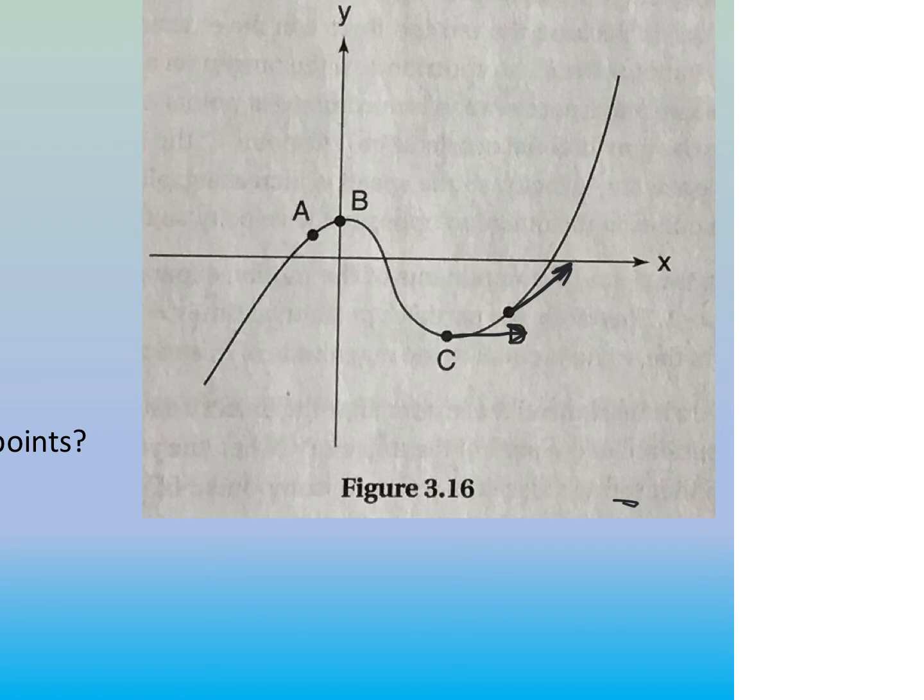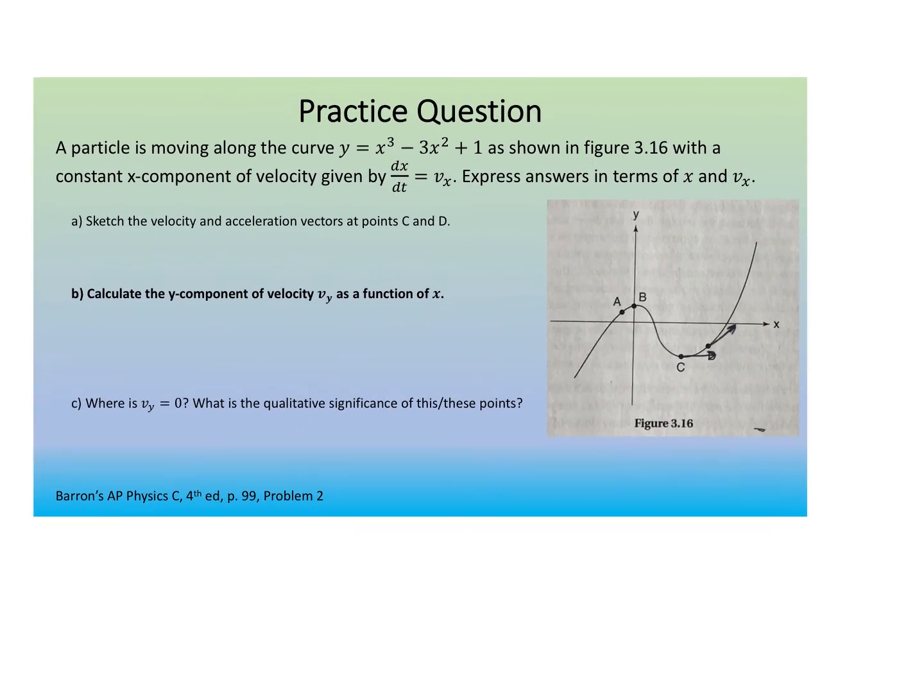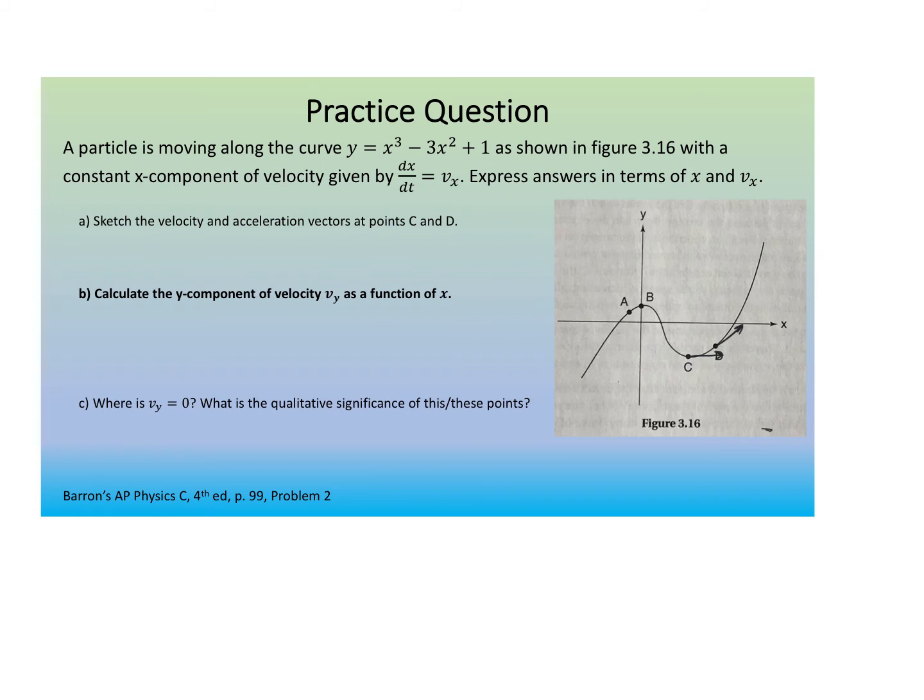The acceleration is a little bit tricky because we need to very carefully read the problem. It says that there's a constant x component of the velocity. So the particle's literally moving along this curve. That is the path the particle is taking. Its velocity left and right is the same.